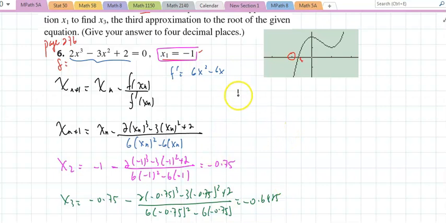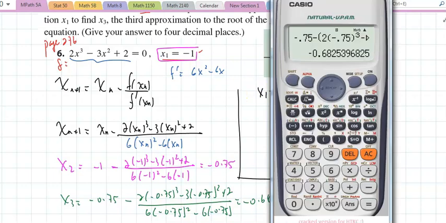Well, let me show you how I'm going to do this slightly different. Instead of doing what I did, I'm going to say let x1 equal negative 1. There's the calculator. Negative 1, enter. Got it.